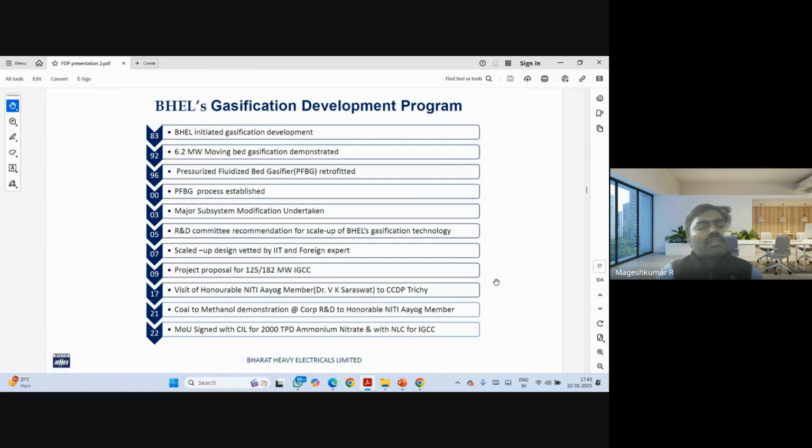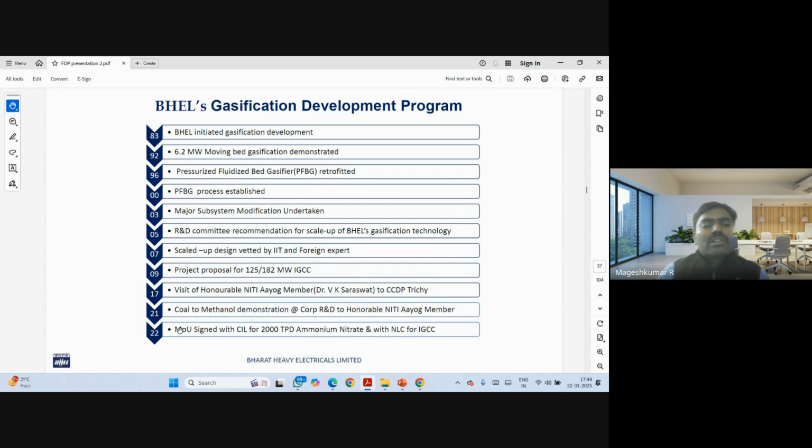From 96 till almost 21, more than 50 patents have been filed in these technological developments to produce methanol as a product and for other gasification processes to the standard required. A big team is continuously working on it, and a lot of simulation software has been acquired, and we were doing a lot of simulation studies to the extent required.